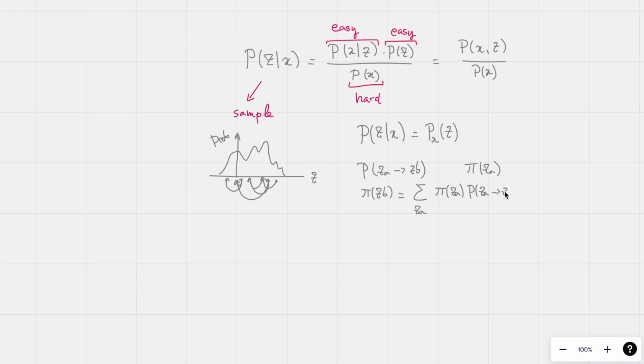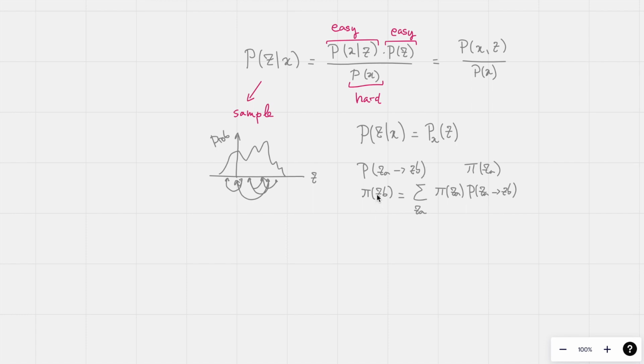The probability is exactly the same. So you see here, we start anywhere and then jump to ZB, or we just pick a point ZB. That's the same quantity on the left and on the right. This is the definition of pi, the definition of the stationary distribution of that particular process.